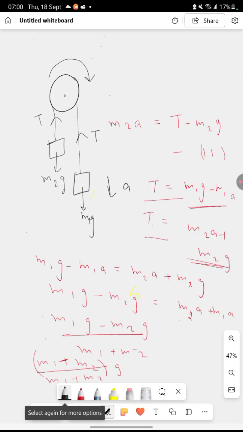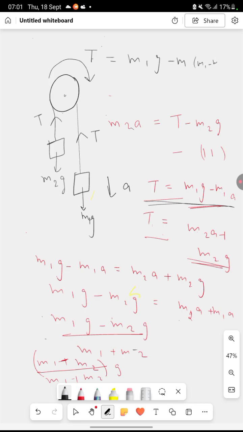Tension from the first equation is equal to M1G minus M1A, where we found A equal to (M1 minus M2) into G upon (M1 plus M2).